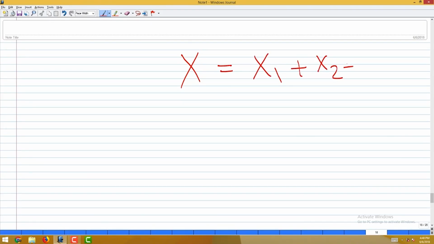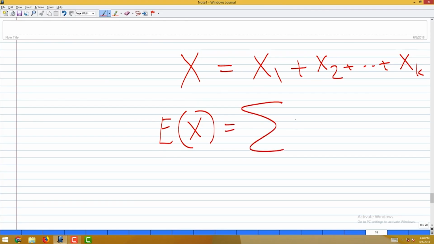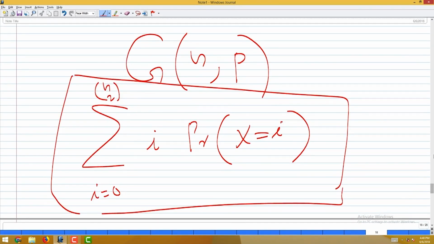The point is that if a random variable x can be written as two or many other random variables, say x1 plus x2 plus up to xk, then if you want to find the expectation of x, you can find the expectation of the individual things and sum up. This also requires a proof, but I skip that.